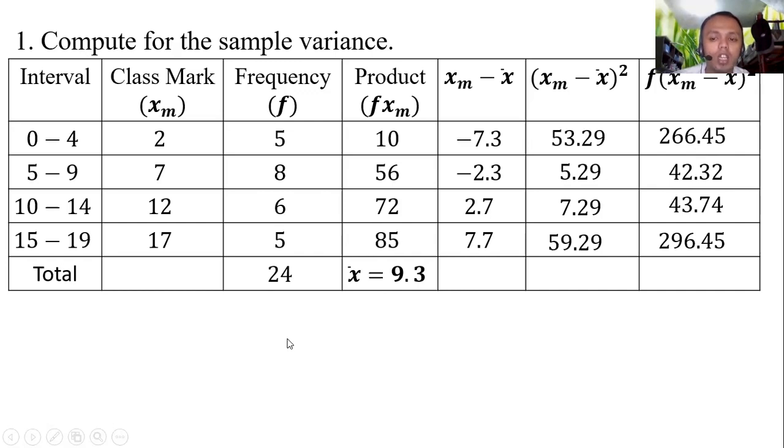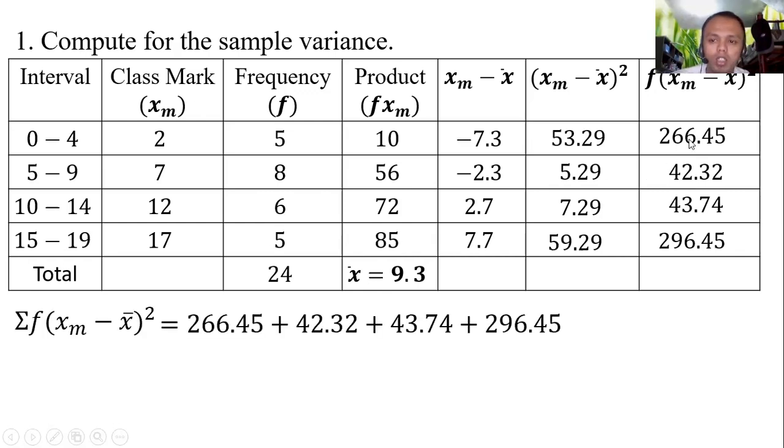Next is get the sum, or the summation. Okay? So add natin lahat to. We have 266.45 plus 42.32 plus 43.74 plus 296.45, and that is equal to 648.96.